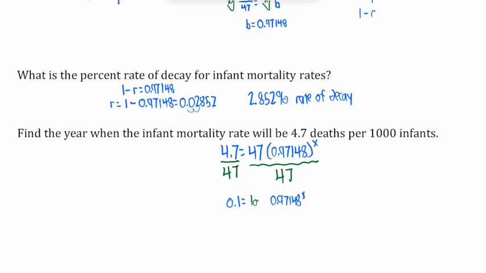Then we take a logarithm of both sides, and that allows us on the right side to pull the x out to the front. We would have the logarithm of 0.1 equals x times the logarithm of 0.97148. And then we divide both sides by the logarithm of that decimal to get x by itself.